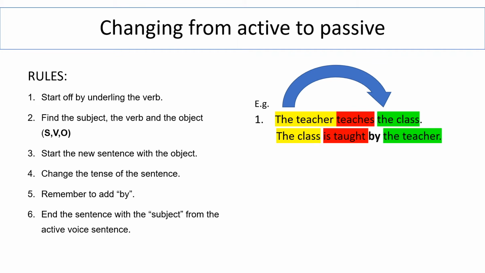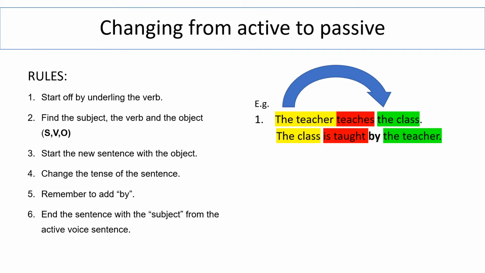Number 3, start the new sentence with the object. Number 4, change the tense of the sentence. You can do this by using the tense table in the previous slide. Number 5, remember to add by into the sentence. And number 6, end the sentence with the subject from the active voice.